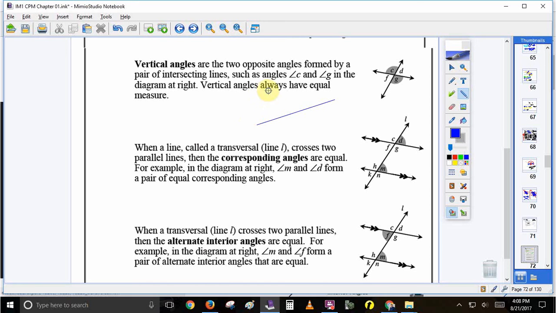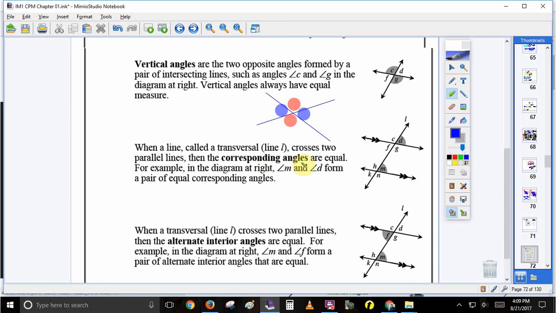So if I draw a line like this and I draw a line like this, then my two red angles here and here would be vertical angles, and my two blue angles here and here would also be vertical angles. And they're congruent to each other. So the two red angles here are the same measure, and the two blue angles are the same measure. So whenever two lines cross, the opposite angles are congruent.